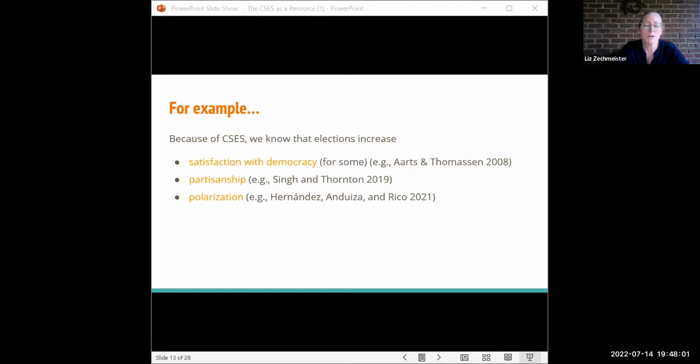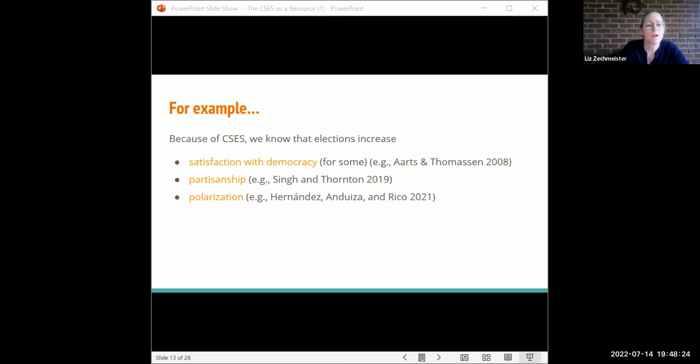So Singh and Thornton use CSES data to look at how partisanship is increased around election time. And we know that elections increase polarization. So here I'm referencing this really great work by Hernandez and Luisa Enrico, which recently won an award from the CSES project.